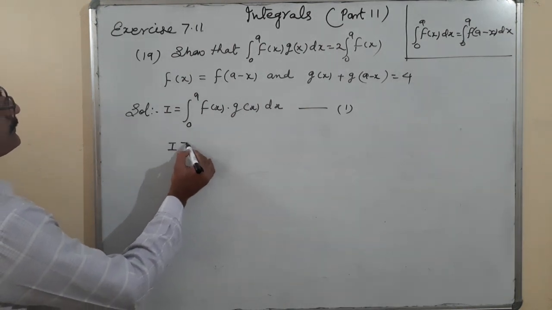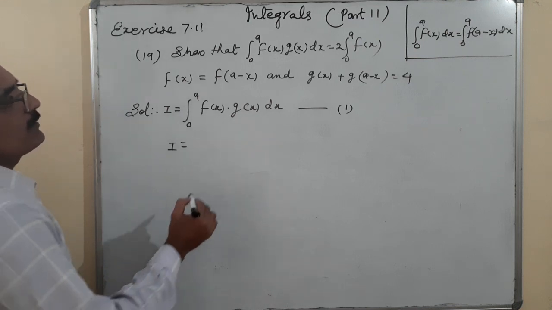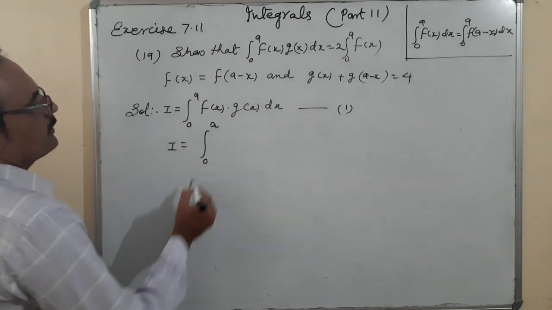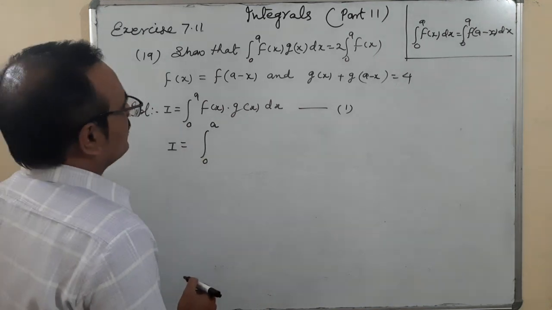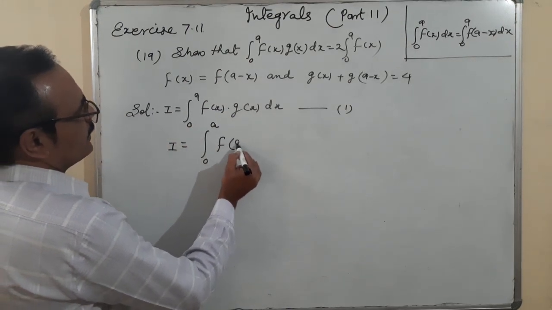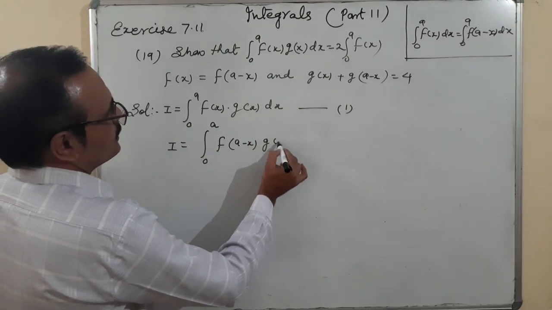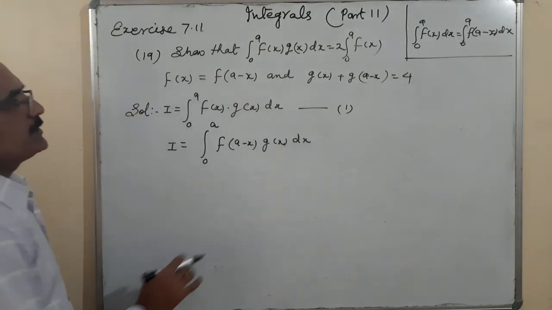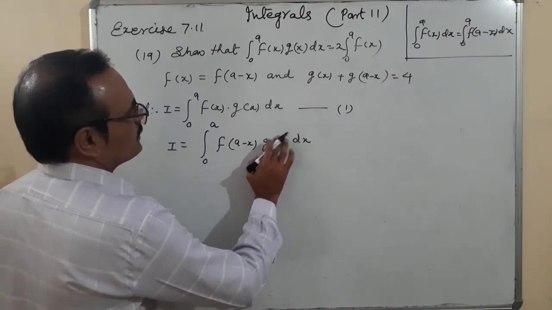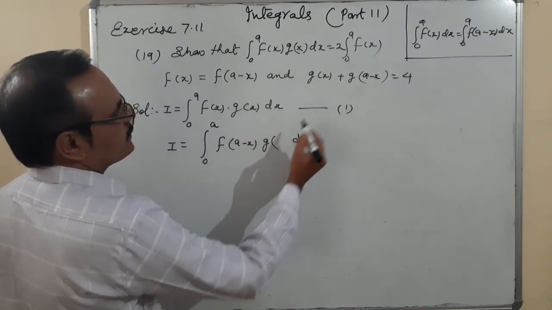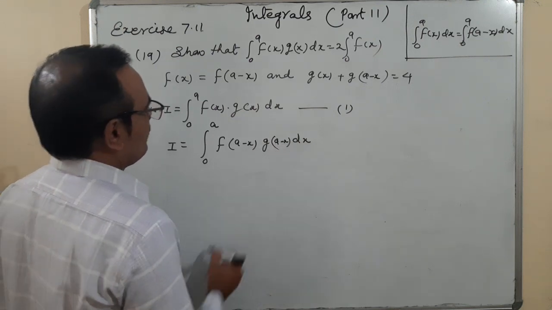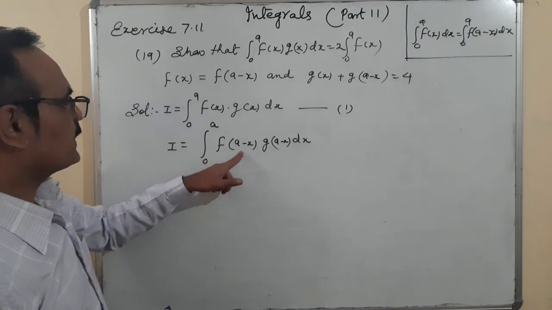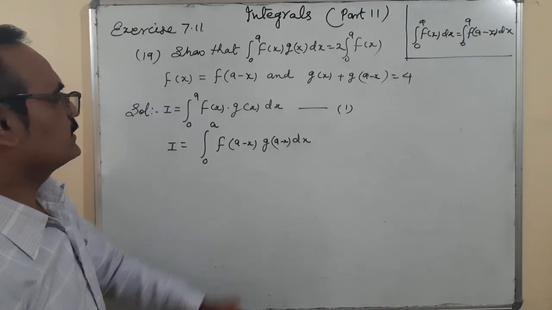I is equal to, I can write here, the integral from 0 to a of f of a minus x into g of x dx. By the way, g of a minus x also I have to write because the property will be used in both. So the integral from 0 to a of f of a minus x into g of a minus x dx.